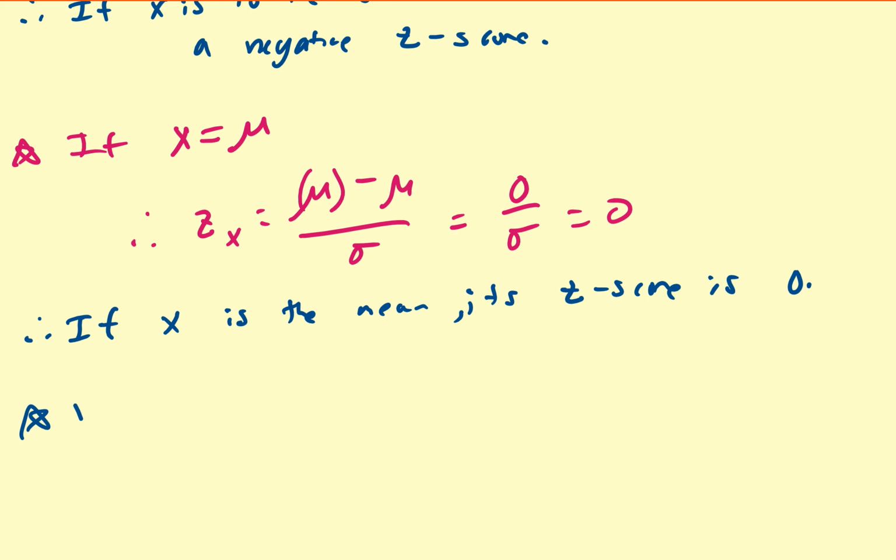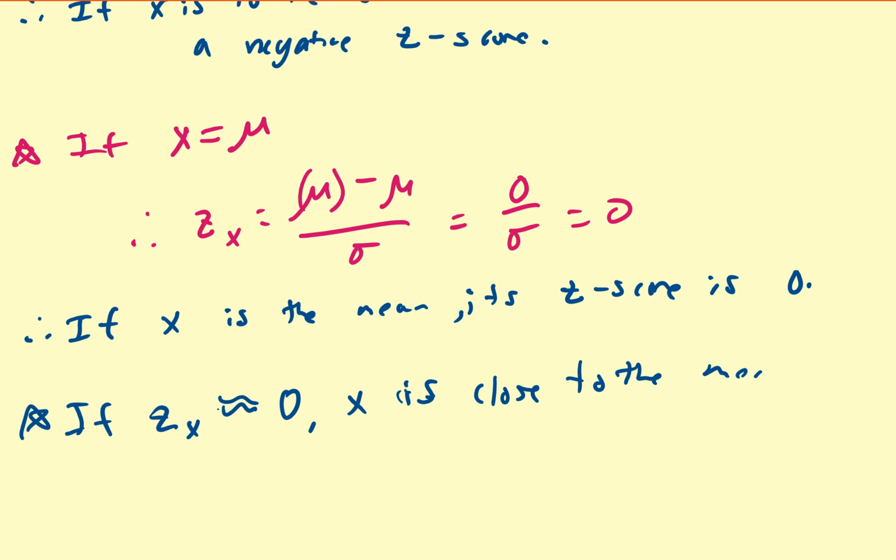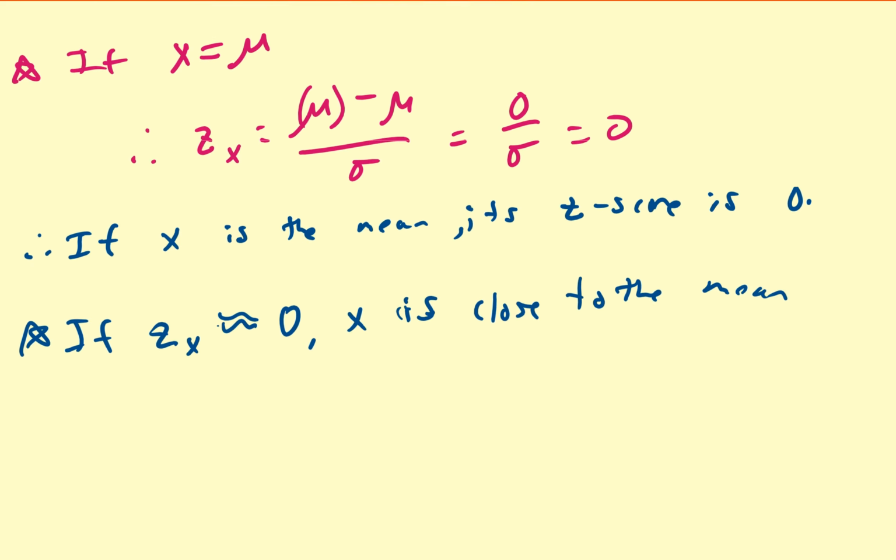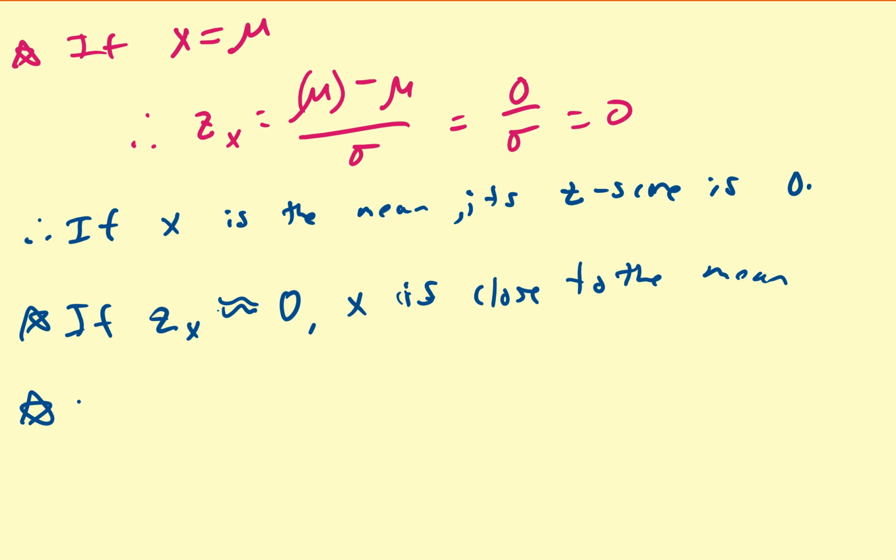Also, you can say if the z-score for x is approximately equal to 0, x is close to the mean. And also, you can say if the z-score for x is really larger than 0, x is far from the mean.